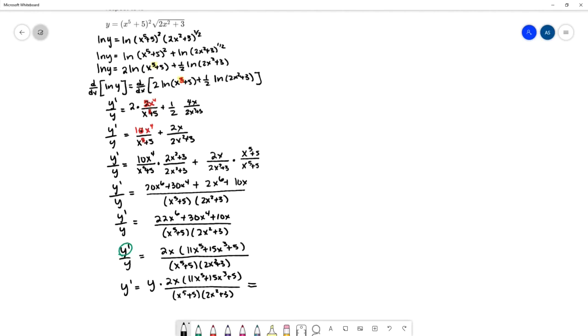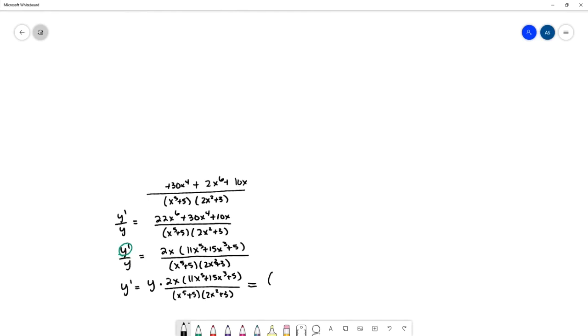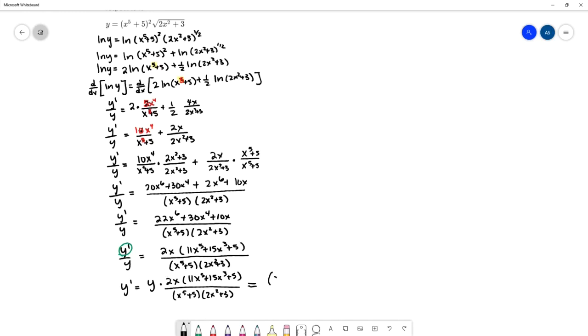So we can write this as x to the 5th plus 5 squared. And I'm going to write 2x squared plus 3 to the 1/2 power times 2x times 11x to the 5th plus 15x cubed plus 5.